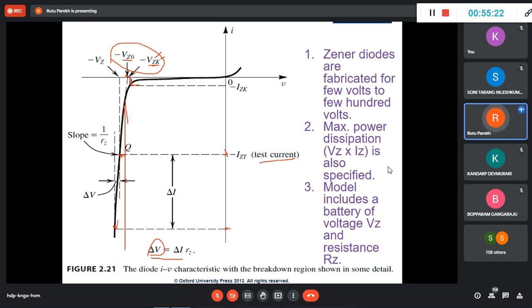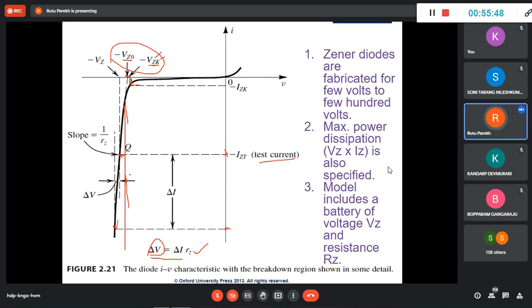Okay, so this is the Zener voltage and resistance RZ. And this is simple, easy to understand. I hope this is making sense to you now. Although we wish that this be a straight line, but nothing is ideal and there is a slope involved, and slope means there is R involved.